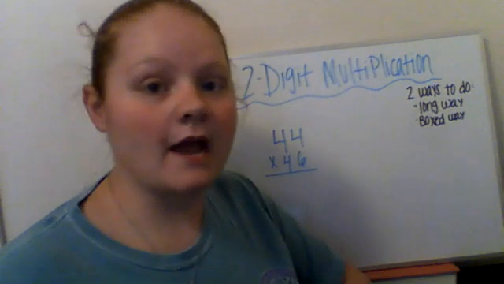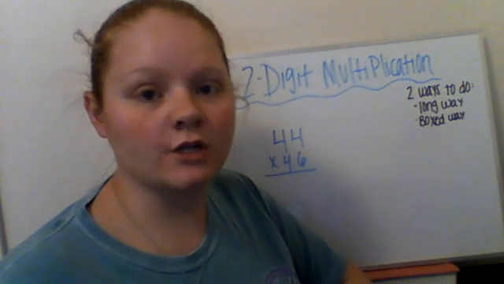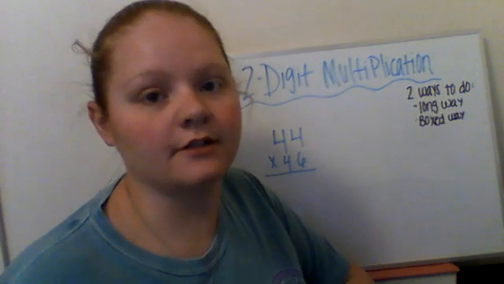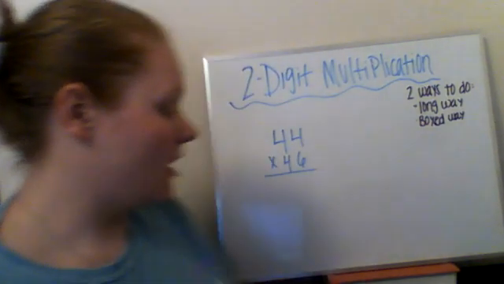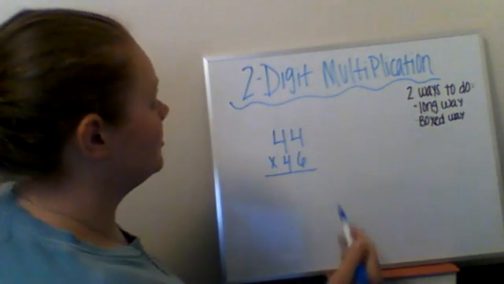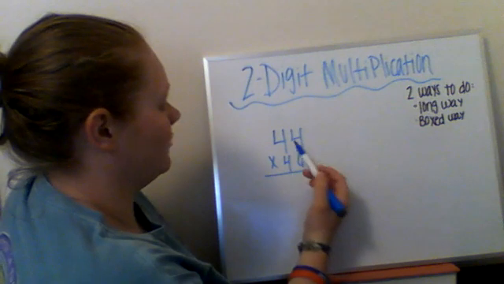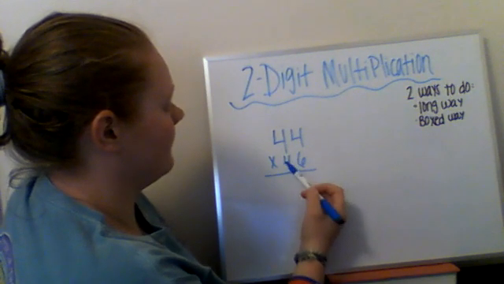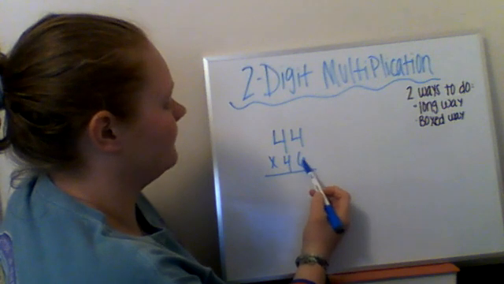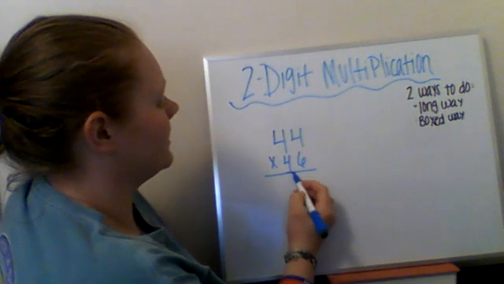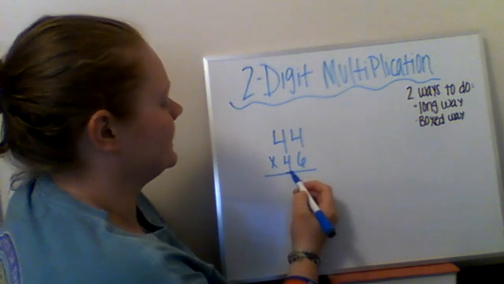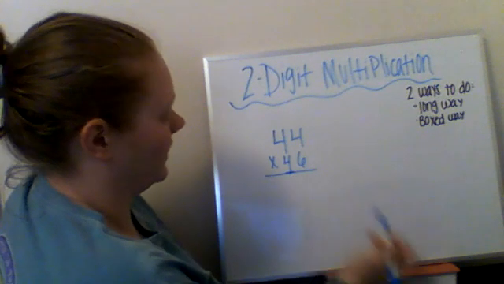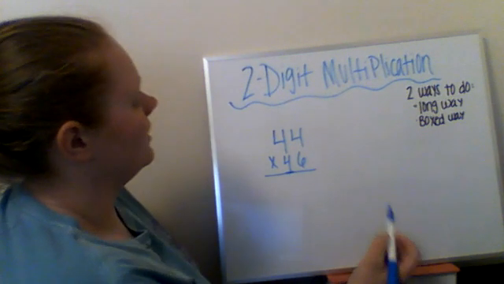So the first way I'm going to show you is the long way, which is the standard method to use with multiplication. Like I said, the two numbers that we're going to multiply with 44 are 6 and 40. I said 40 because this 4 right here isn't just a 4, it's in the tens place, so that makes it 40. So let's get into it.